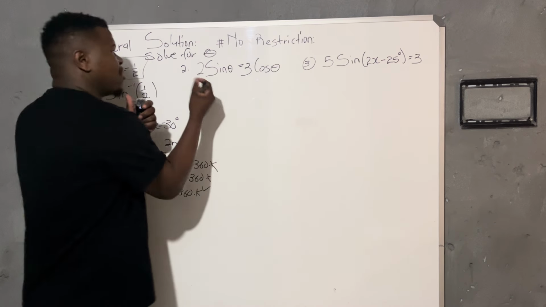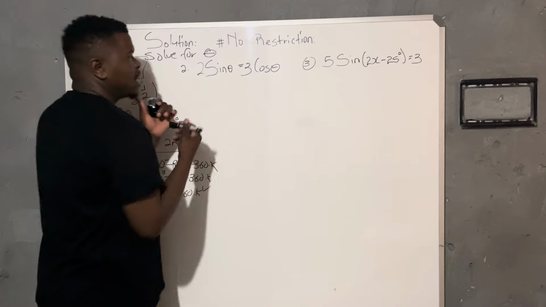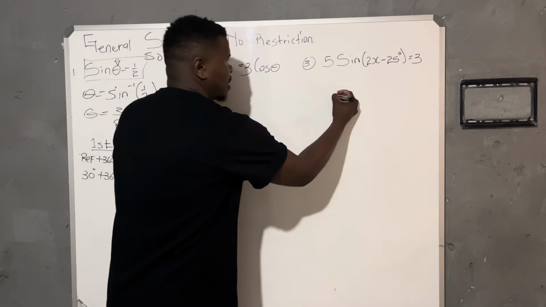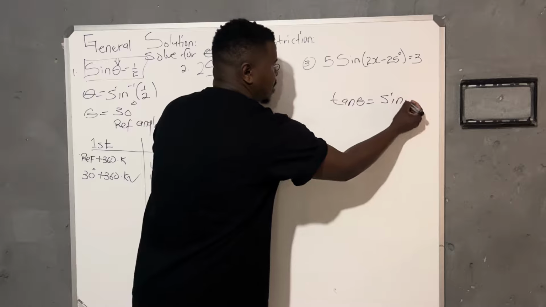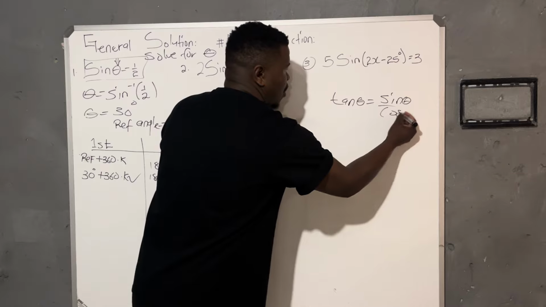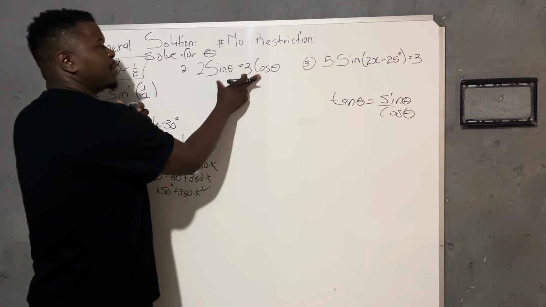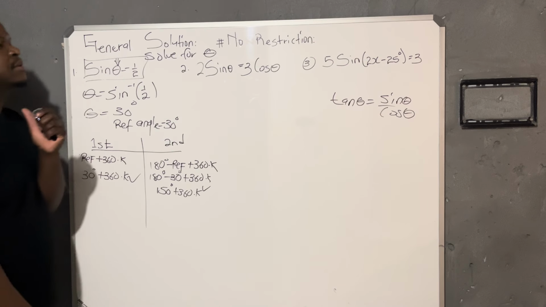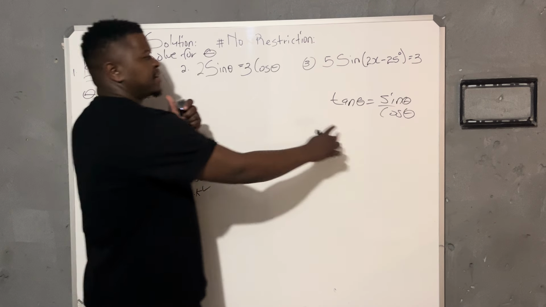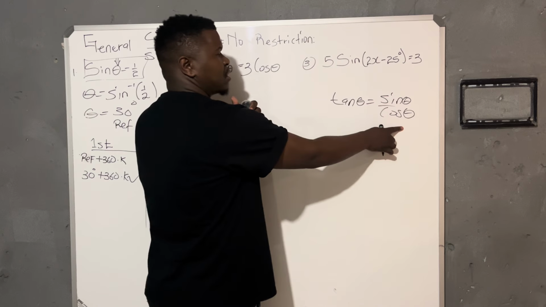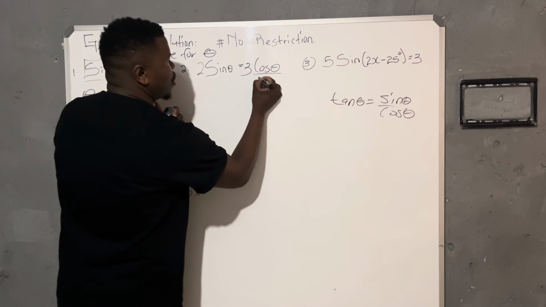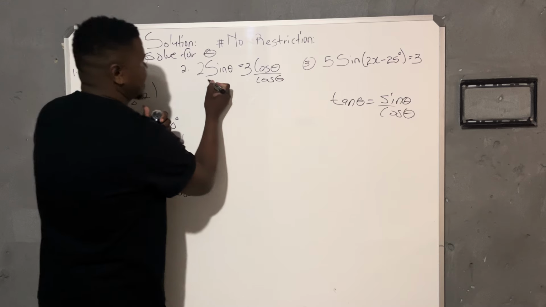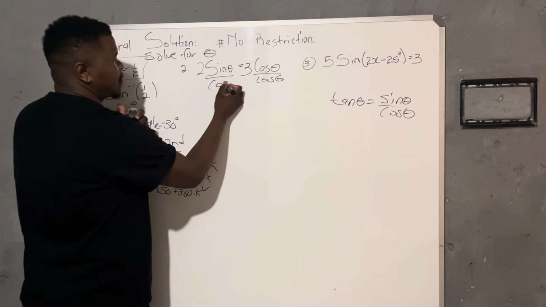Now, look at this. The moment you see sine and cos, think of a ratio like tan theta, which is sine theta over cos theta. So we are forced to manipulate this to have a tan. And for us to have a tan, sine must be on top, then cos as the bottom. So in this case, I can divide by cos so that it also comes this side.